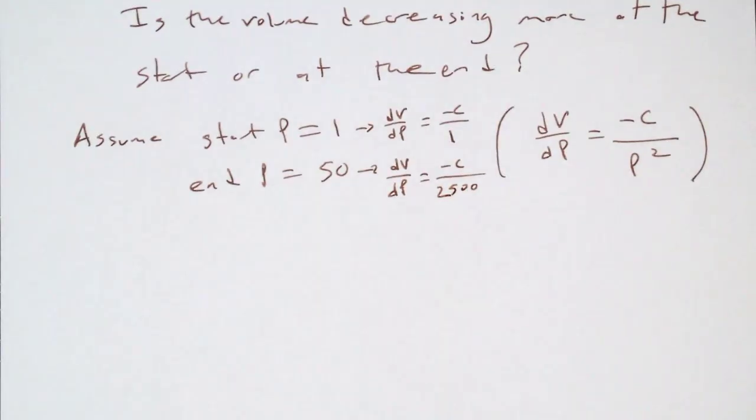So here's my question to you. I don't know what C is. It doesn't help at the moment whether or not I know what C is. Which of those two changes is bigger? Which is smaller?